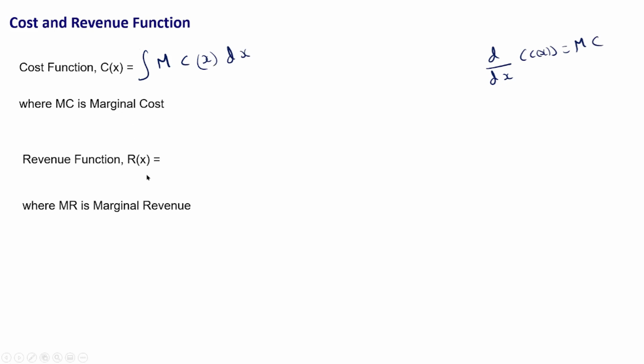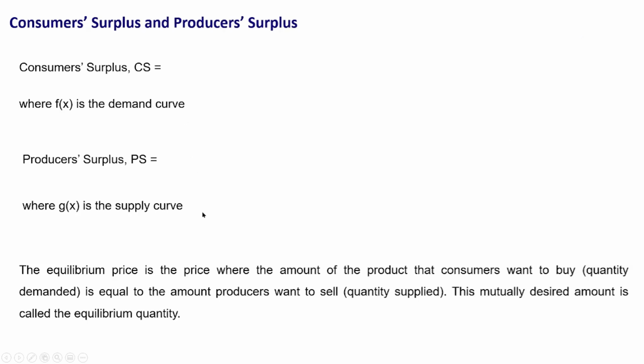Then we have the revenue function. In derivatives, we have studied that the derivative of the revenue function is the marginal revenue function. So the revenue function is given by the integral of the marginal revenue function dx, where MR is the marginal revenue. So this is with respect to cost and revenue function.